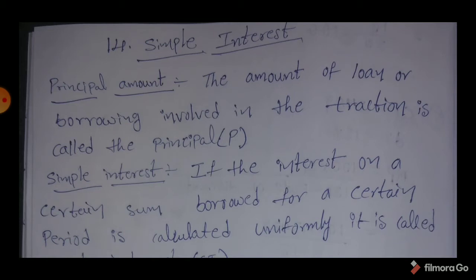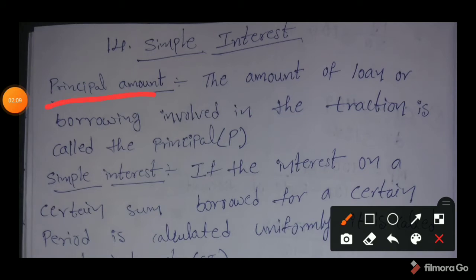The time period, 2 years, is called time period. And rate of interest is the percentage of interest he is paying back to the rich man. So see the definitions.